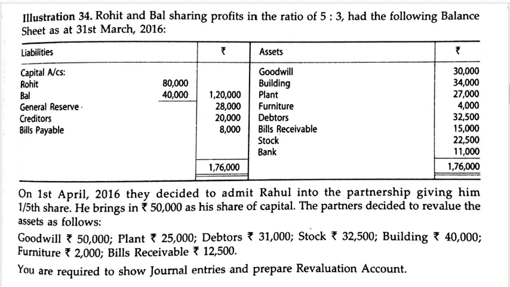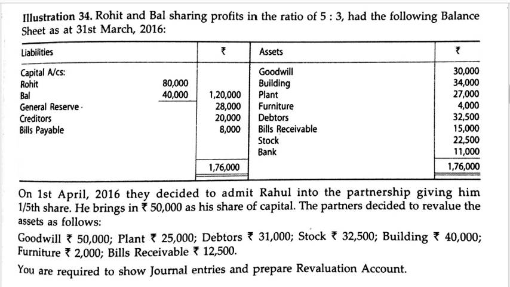First of all, they say the plant is revalued at 25,000. What is the original value of plant? 27,000. There is a decrease in the value of an asset. How to record that? What will be the journal entry? If the asset value decreases, the journal entry will be revaluation account to that asset account.